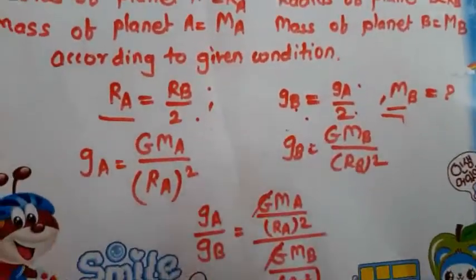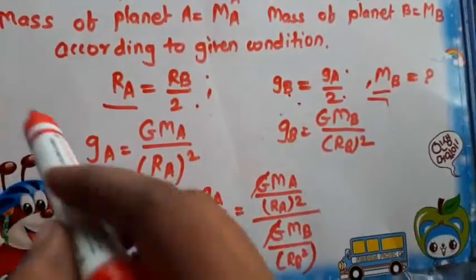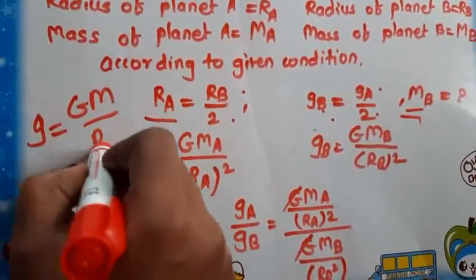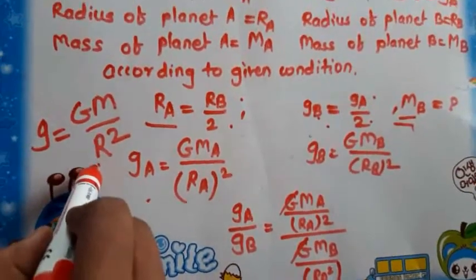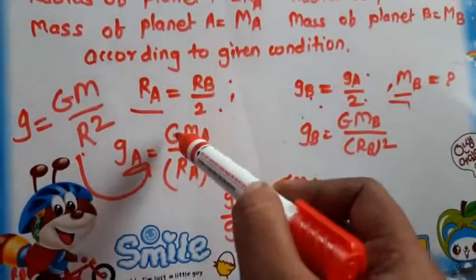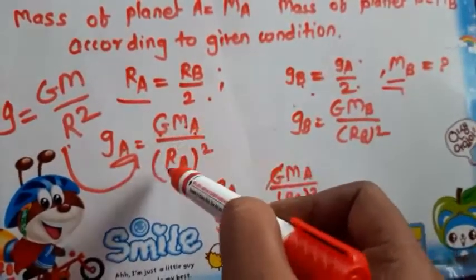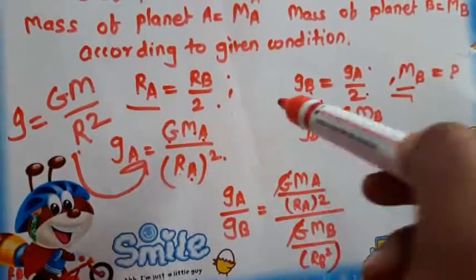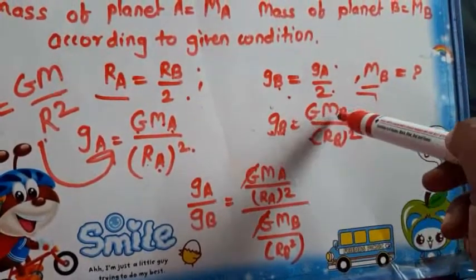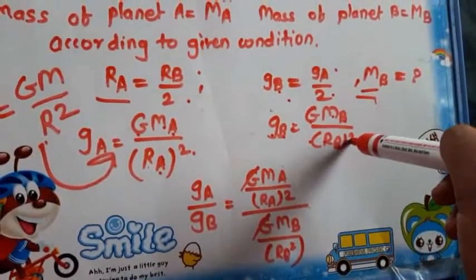So for this we will write acceleration due to gravity for both the planets. We know that acceleration is given by the formula g is equal to GM divided by r square. So for planet A, it will be Ga is equal to gravitational constant, mass of planet A, divided by radius of planet A squared. For planet B, it will be acceleration is equal to gravitational constant into mass of planet B divided by planet B's radius square.